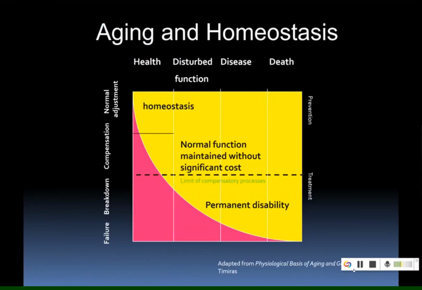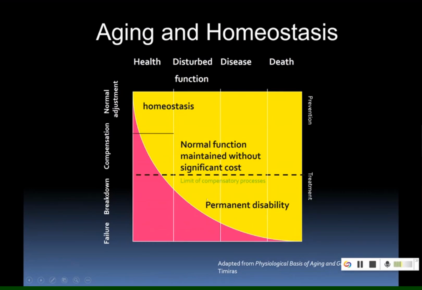Here is a pictorial or cartoon display of what we're trying to accomplish. At the left side here is early life, and over time we can see a progression of the population or an individual towards lower functionality and eventually the endpoint of death.